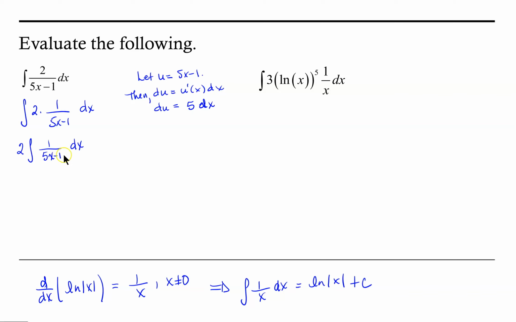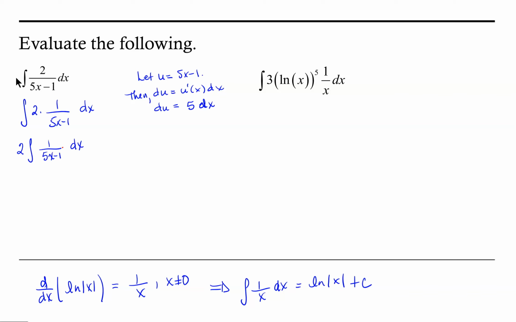Now currently we don't have a constant 5 in here multiplying our function. However, that's easily fixed. We can multiply by 5 and 1/5, because 5 times 1/5 is 1.